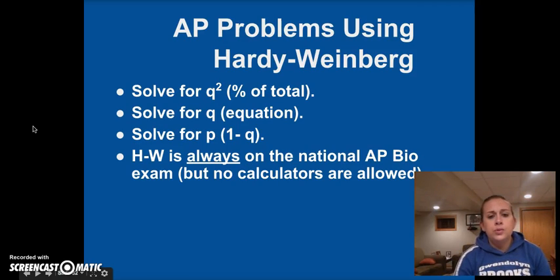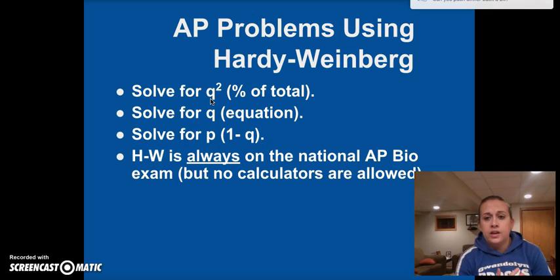So when you are doing AP problems using Hardy-Weinberg, you need to pay attention to what you are being asked to solve for. So if you're being asked to solve for q squared versus q, if you're being asked to solve for p, you just have to make sure that you're reading the problems correctly and that you understand the information that you're given and you understand what you're being asked to solve.